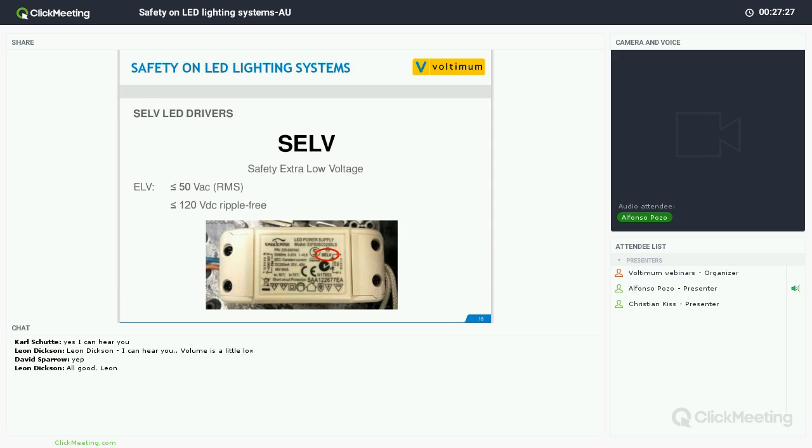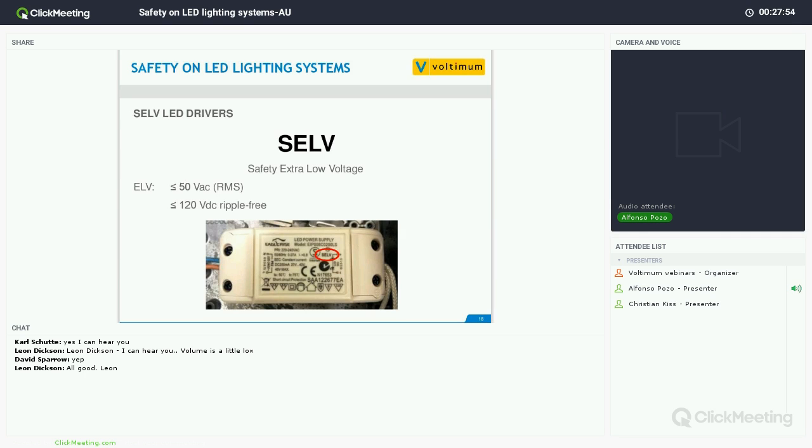And I will start with SELV, which you might have seen in some power supplies, electrical equipment. SELV stands for safety extra low voltage, and these are circuits, can be power supplies, electrical equipment with safe isolation.